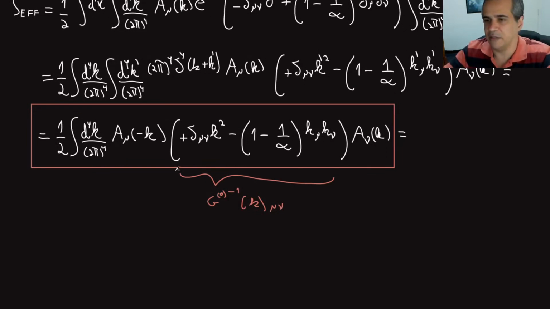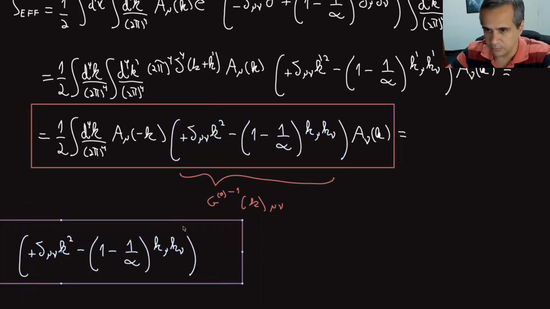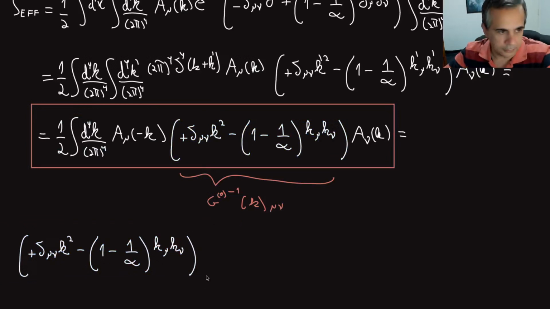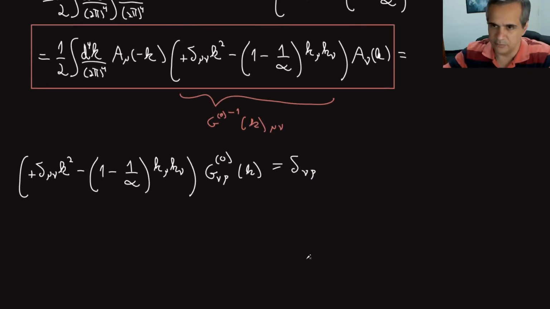I just have to find a G that satisfies this equation. G_μρ(0,K) should be δ_μρ, right? And that's easy to write straight away and test, right?